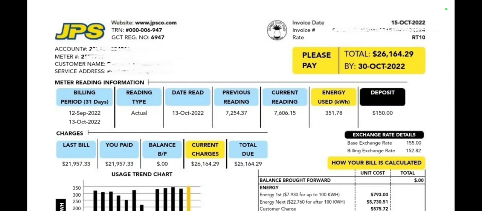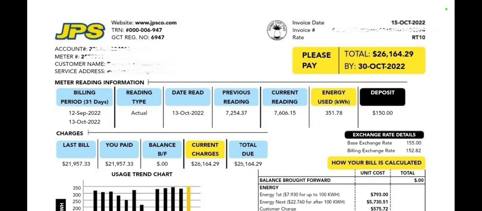But now that the meters are smart and JPS now do the reading from the office, it should always be actual, because they don't have to physically send out anyone to read the meter again. They can do it straight from their office, so you always get an actual reading at all times. Currently, that's how it is, or that's how it should be, as long as you have a smart meter.